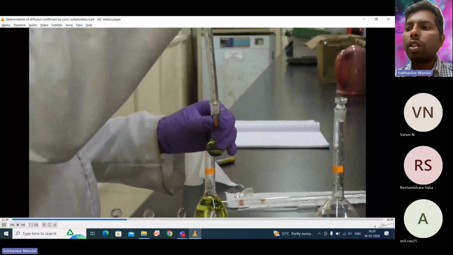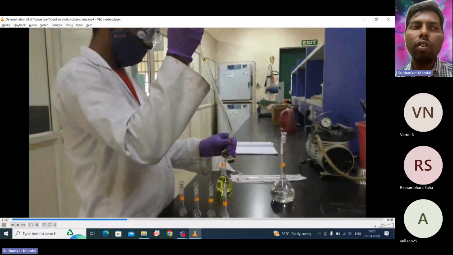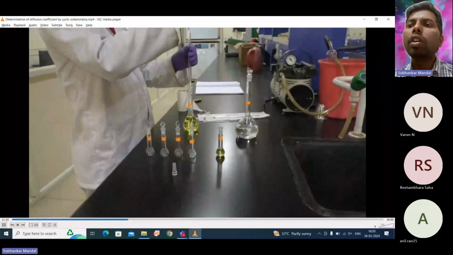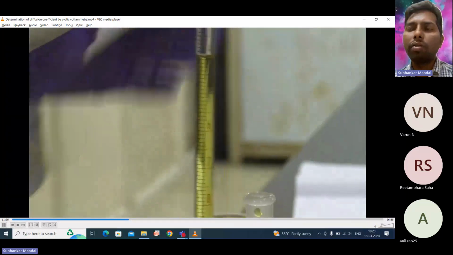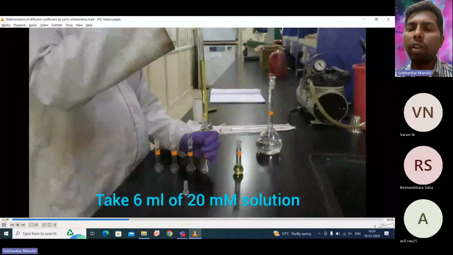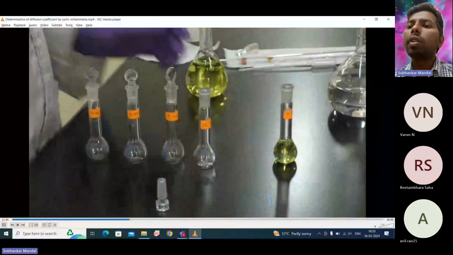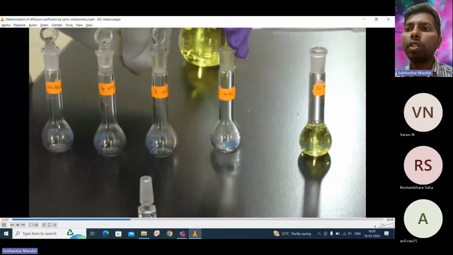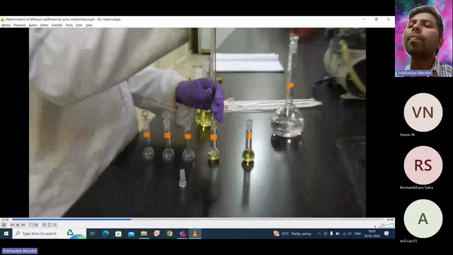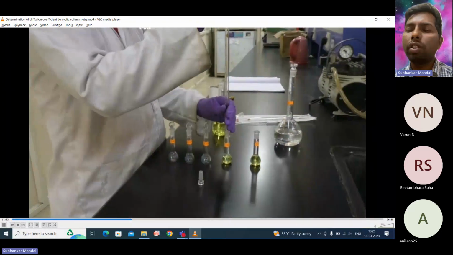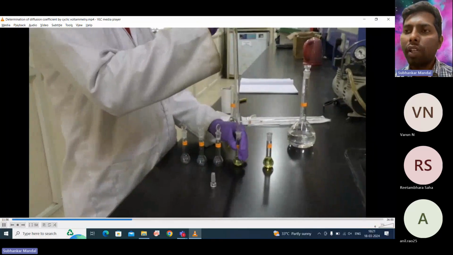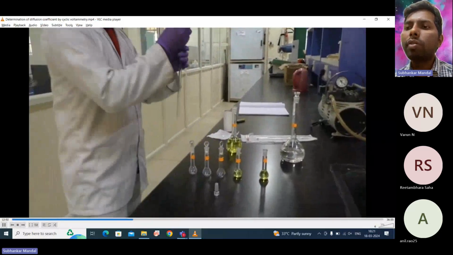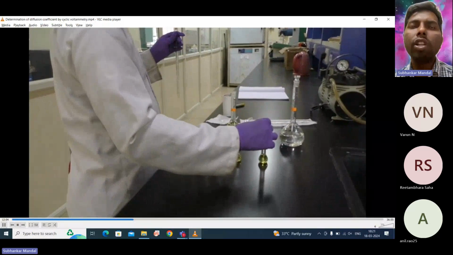So in general, during cyclic voltammetry, whatever your analyte concentration, the supporting electrolyte should be 100 times or 200 times higher compared to the analyte concentration. So here, the KNO3 we have made is 0.2 molar concentration, but the analyte, that is K3Fe(CN)6, we have taken 20 millimolar maximum, and the others are 16 millimolar, 8 millimolar, 12 millimolar.